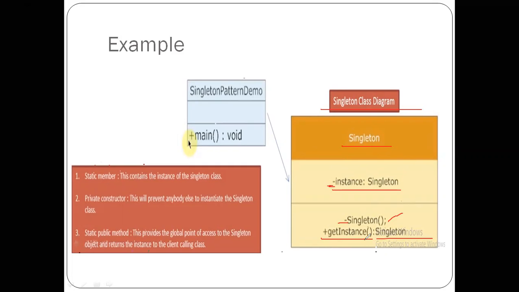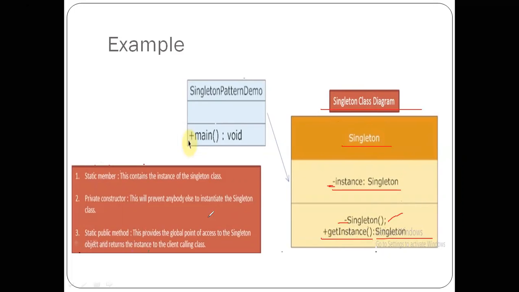The singleton instance is created only one time and saved in JVM memory. If we access it a second, third or fourth time, it will return the same data. We can't modify that. Clear? So this is the method we have defined in the singleton class diagram.